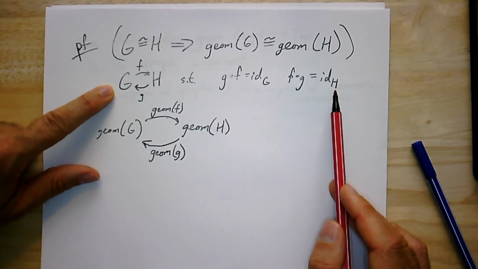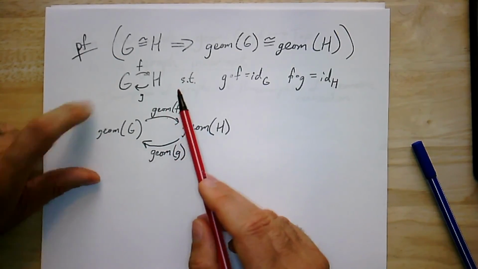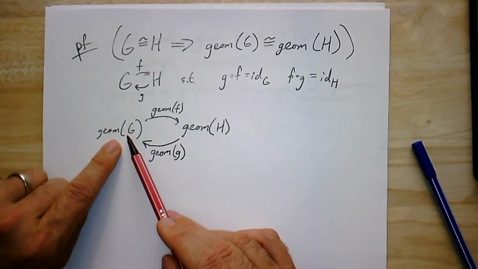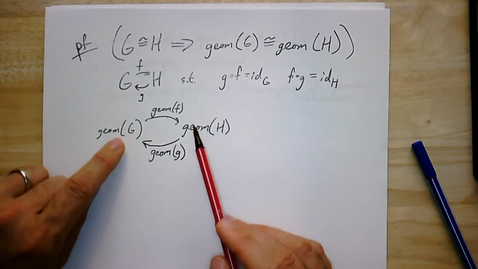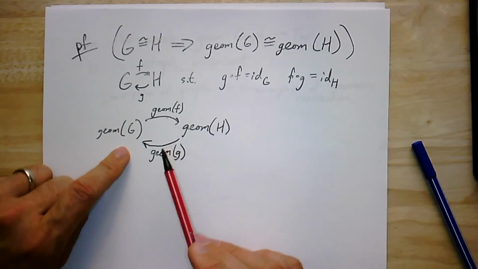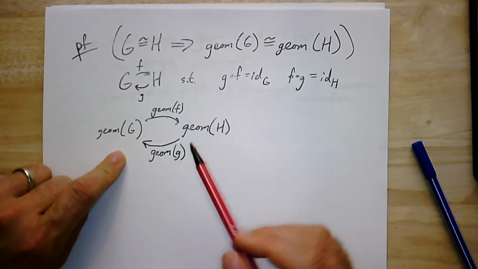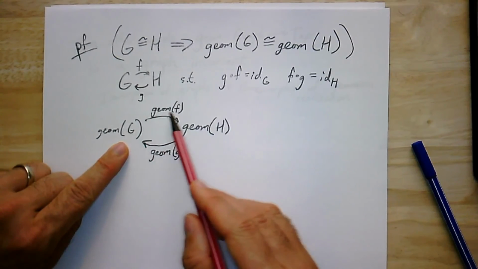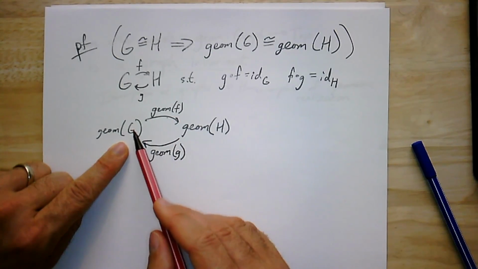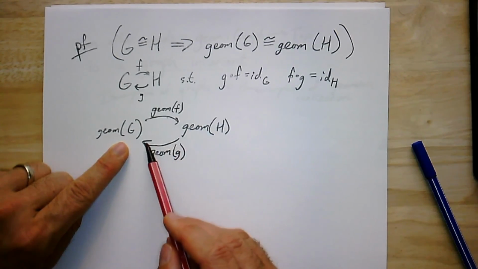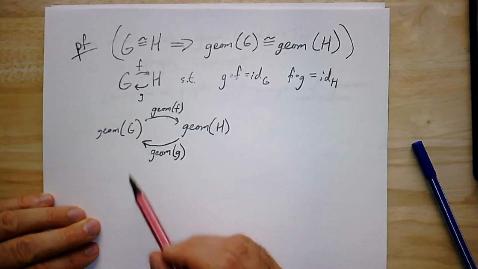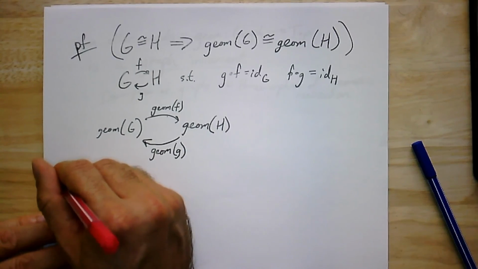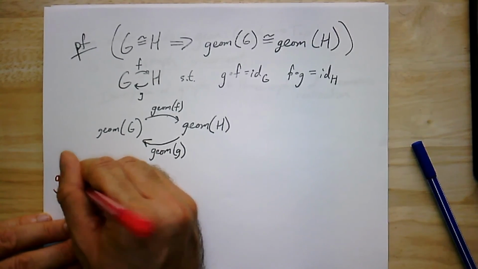It's the definition. Because we have the geometric realization of these two graphs, and of these two homomorphisms, we just want to check that the composition of these continuous maps is going to be identity. So let's check. I'll just do it in one direction. The other direction will be exactly the same.